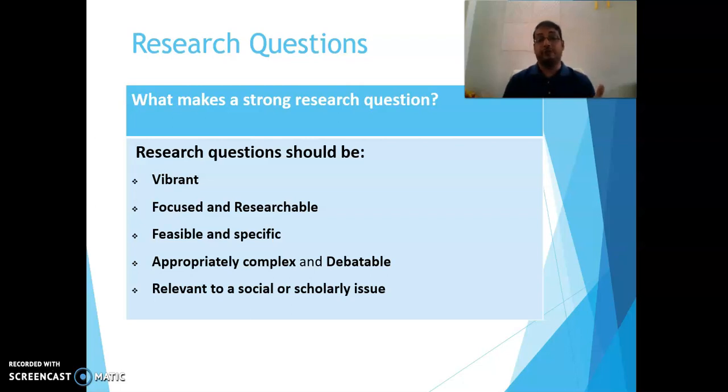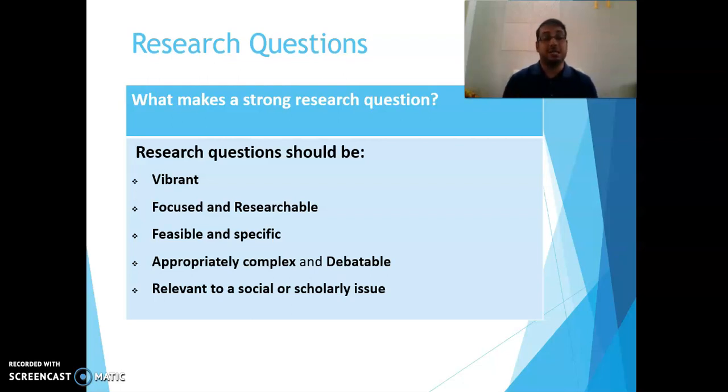Then it should be focused and researchable. It should be narrow enough that it can be answered thoroughly in the space the writing task allows. Then it should be feasible and specific, concise. It is expressed in the fewest possible words. Then appropriately complex and debatable.